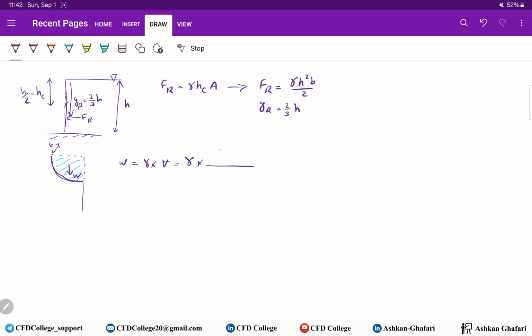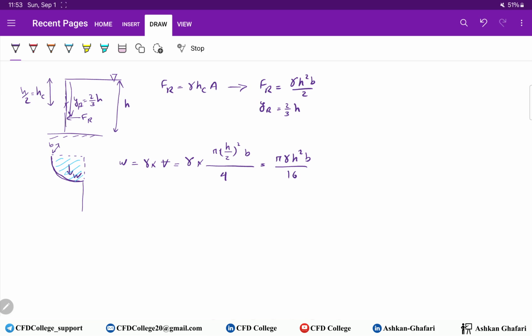So pi times radius to the power 2, this is pi r square, the area of a full circle, divided by 4, the area of this quarter circle, times width. So the weight equals pi gamma h square b over 16.